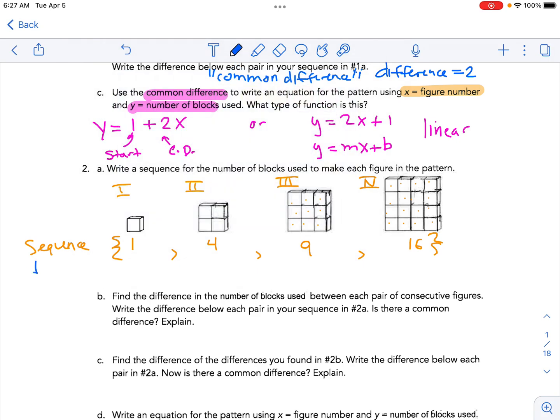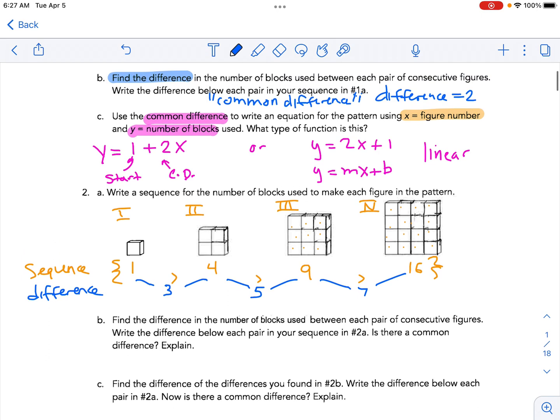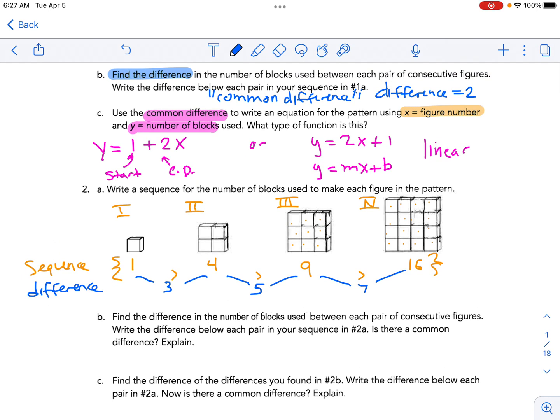So let's look at that common difference again. Let's look at the difference between the pattern numbers. 4 is 3 bigger than 1, 9 is 5 bigger than 4, 16 is 7 bigger than 9.